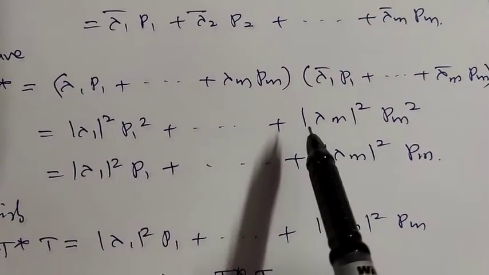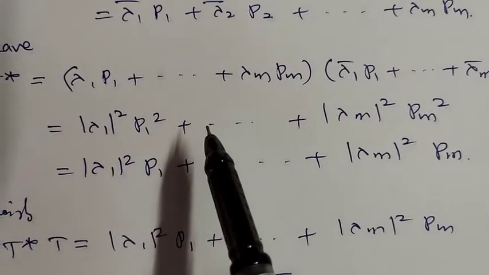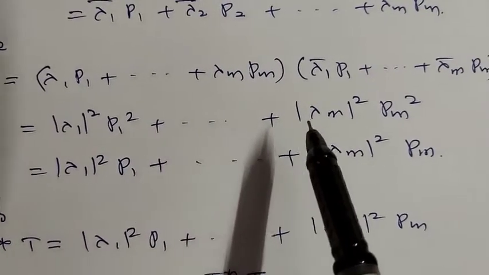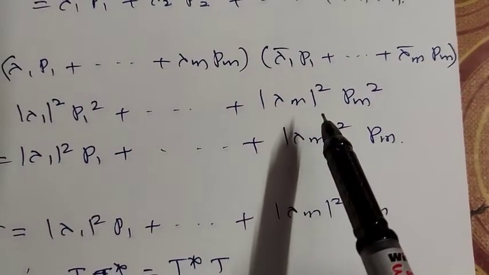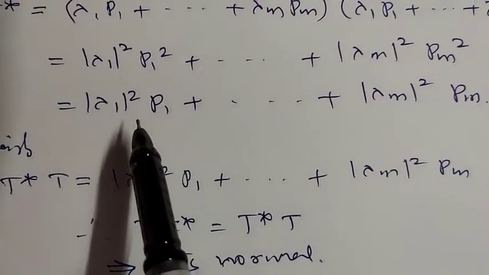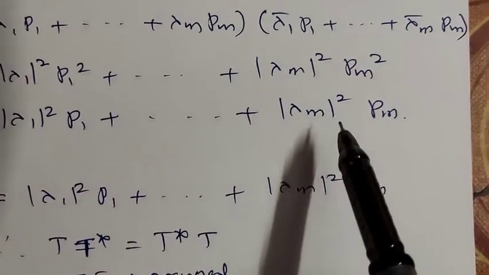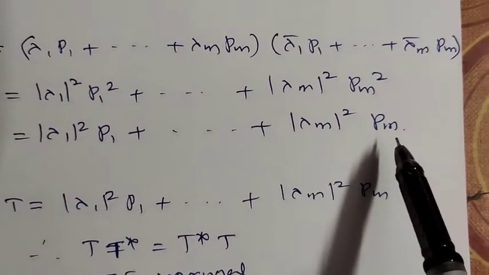Therefore all others get 0 except mod lambda 1 square into p1 square plus mod lambda 2 square into p2 square etc. mod lambda m square into pm square. So this is equal to mod lambda 1 square into p1 etc. mod lambda m square into pm.